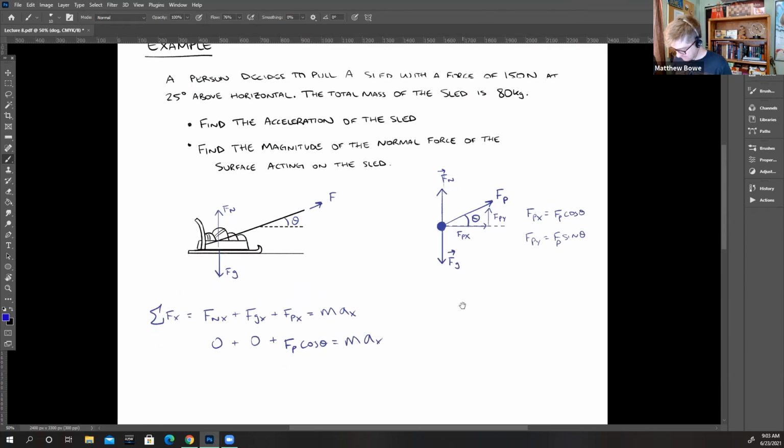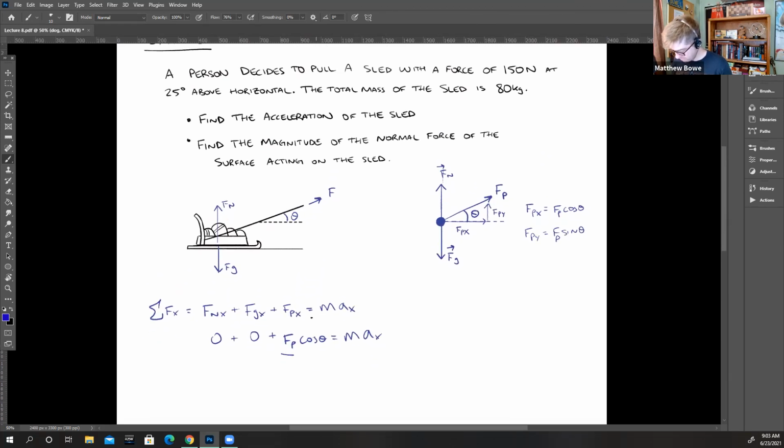All right, we're given a force, we're given an angle, and we're given a mass of the sled. So we have everything to solve for the acceleration already.